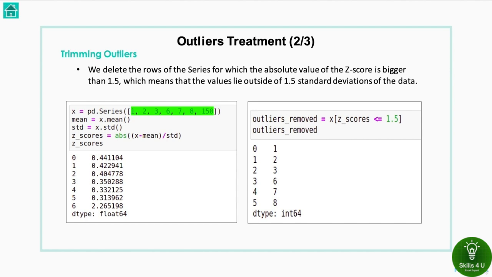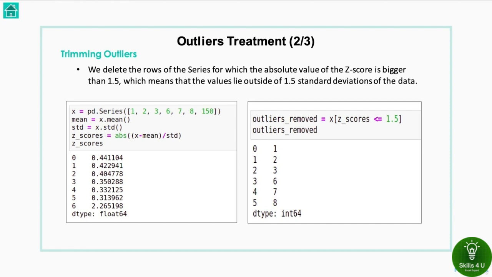We then keep only such values of the series x whose z-score is less than or equal to 1.5. As shown in the figure on the right, value 150, which was the outlier since its z-score is greater than 1.5, is not included in the output. So, outliers_removed is the series we get after trimming outliers from the series x.